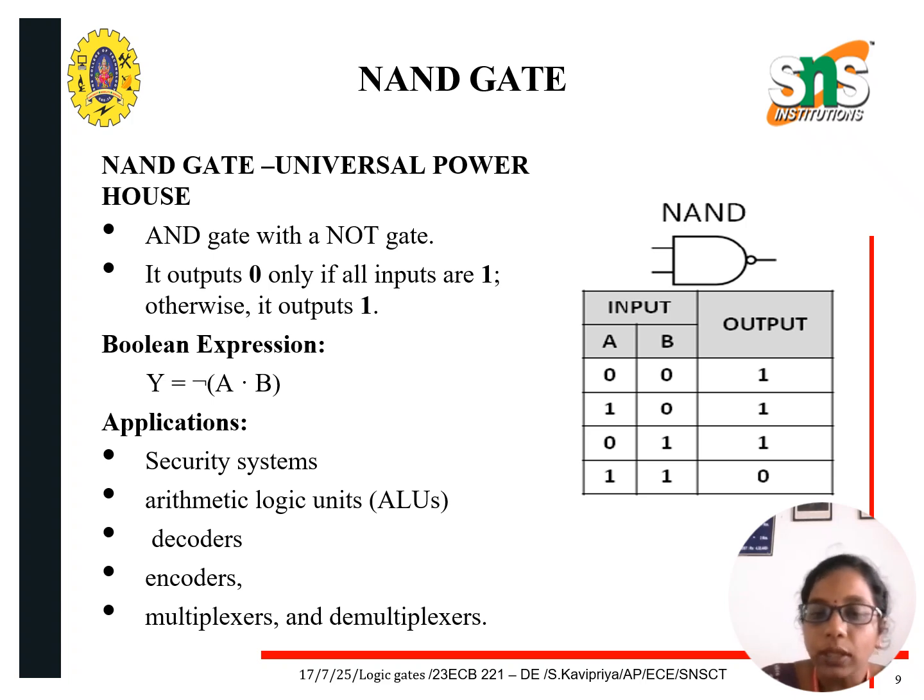It produces output 0 only if all the inputs are 1, otherwise it produces output 1. The Boolean expression for the NAND gate is y equals inverted a dot b. It is used in security systems, arithmetic and logic units, and it plays a major role in encoders, decoders, multiplexers and demultiplexers.